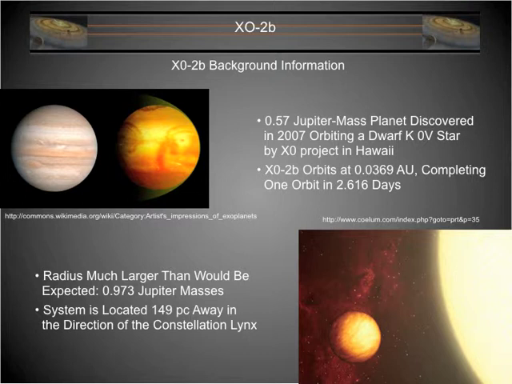They're inflated in size. Could it be that this is due to the heat of the star? Possibly. It's difficult to say for sure, but based on what we know of, for example, Exo2b's mass, we wouldn't expect its radius to be quite as large as it actually is, because you see the artist's depiction up here. When you look at the size and radius of the two, Jupiter and Exo2b, they're very close in size, even though the mass is only about half of Jupiter's mass.